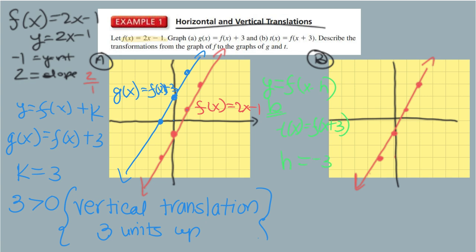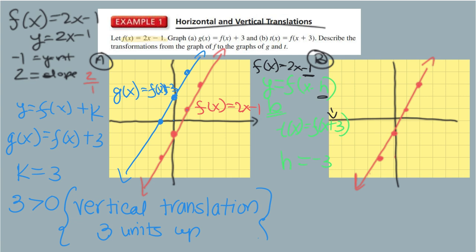And I know you're thinking, okay, but in the question, it tells us right here that it's positive, correct? But we are what? Comparing it to whom? Exactly. We're comparing it to f of x equals 2x minus 1, where they're telling us that it is minus, and over here is minus 2.